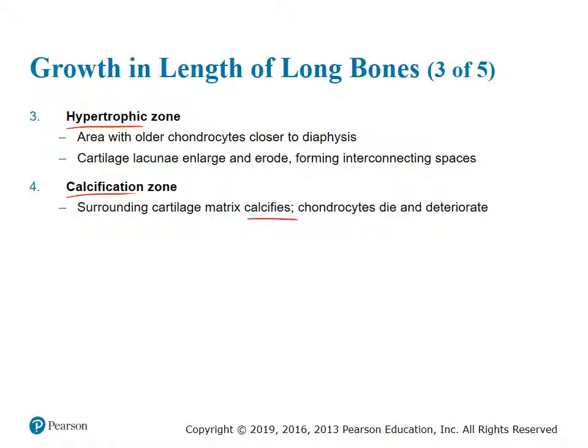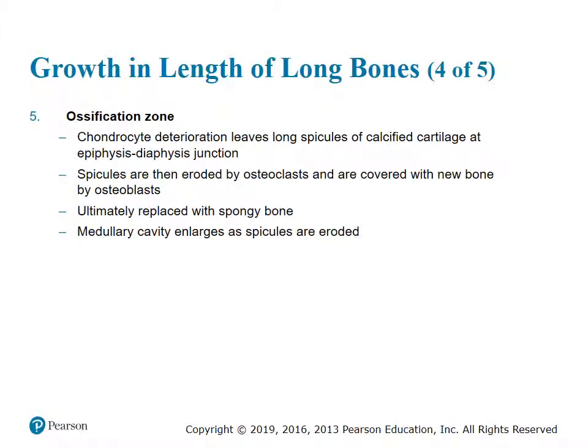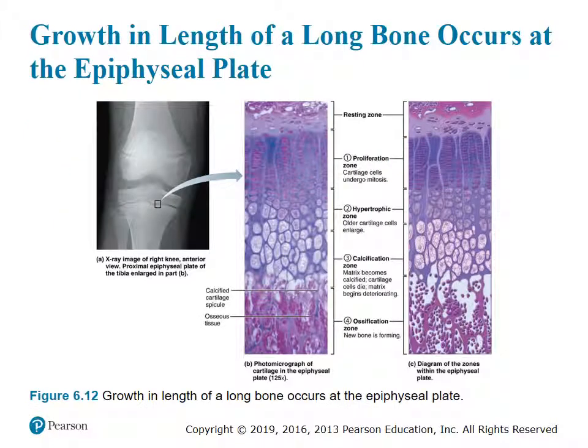We're adding minerals like magnesium and calcium to this area, filling up the space, okay? And we start to see this hardness of the bone, right? We start to see the characteristic of bone. And the ossification zone, the last zone, is where we see the final bone formation, and we see this occurring, right?